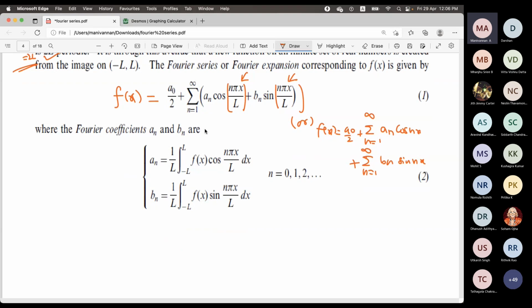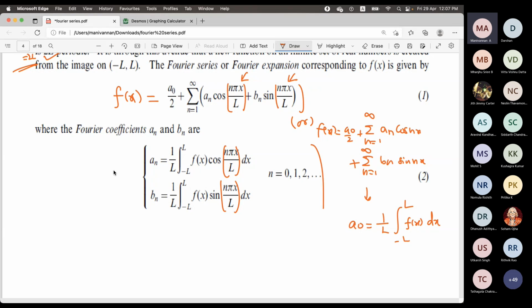So these are constants. What is a naught in this series? How to compute this a naught? Substitute n equals 0 here. It is 1 by L, integral from minus L to L of f of x. Here n is 0, so cos n pi x by L is cos 0, which is 1, right?